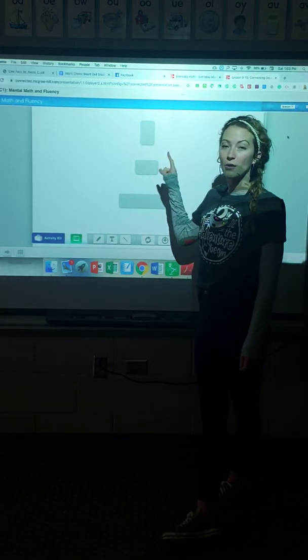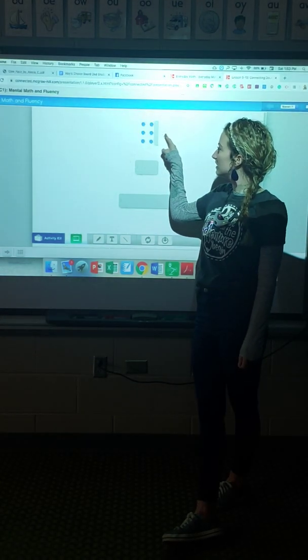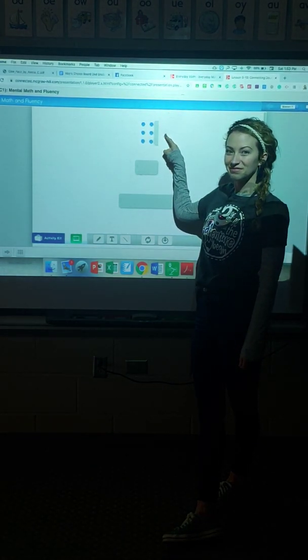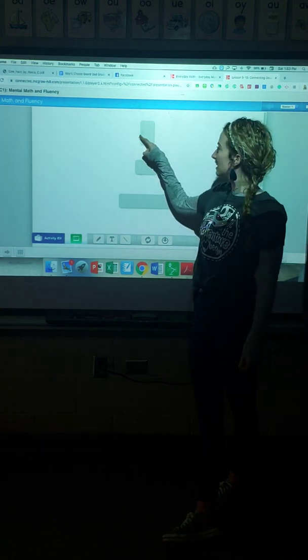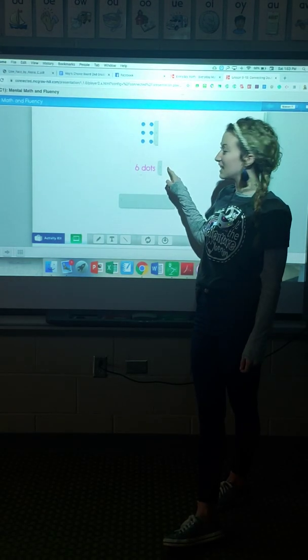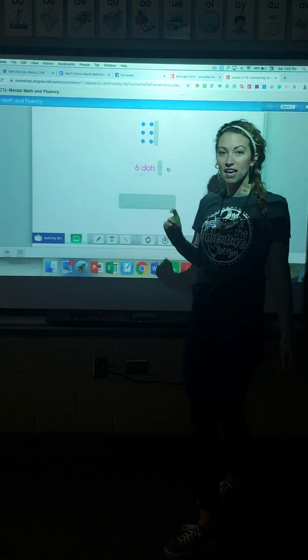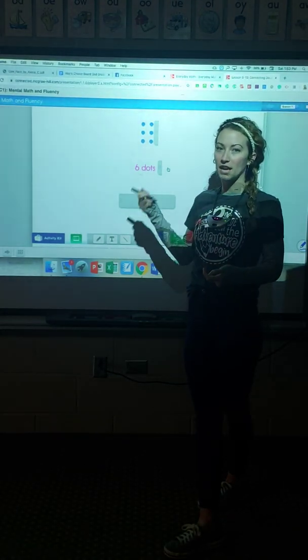I want you to tell me how many dots that you see. It's kind of like a quick look. Okay, so how many dots do you think you saw? I hope that most of my friends said 6 dots. And then, since this is an array, does anyone have a number model that can go with this?